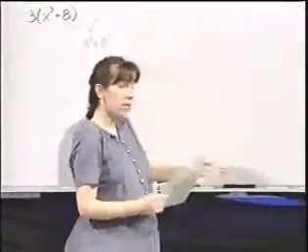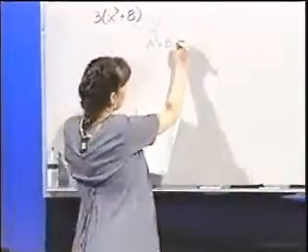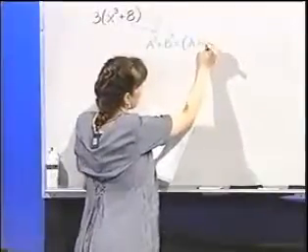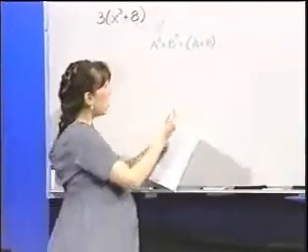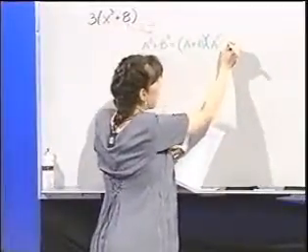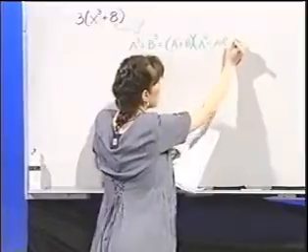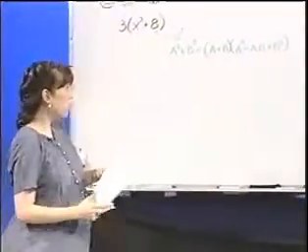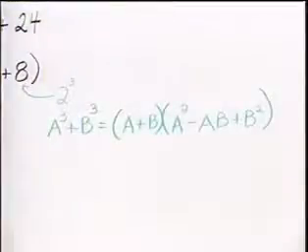A cubed plus b cubed. Remember, this factors as follows. It's the product of a plus b times a squared minus ab plus b squared. Remember, a cubed plus b cubed is factored using that formula right there.